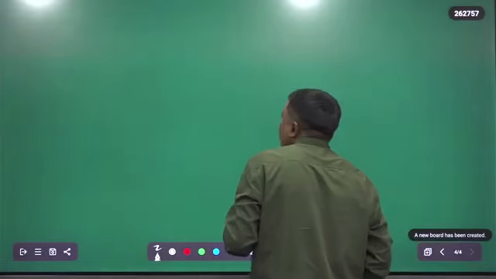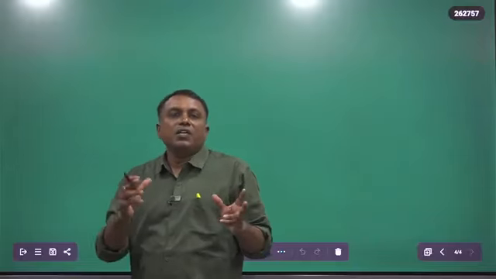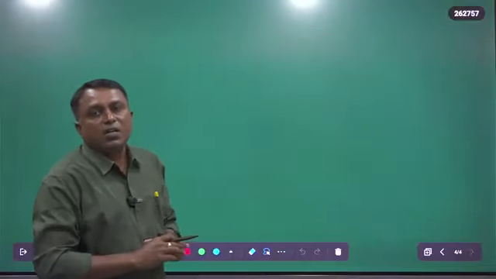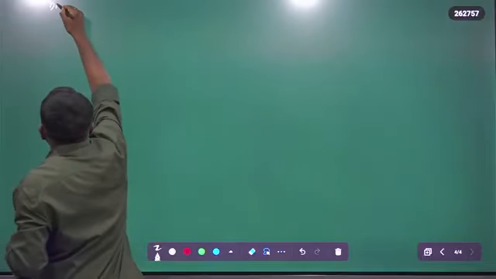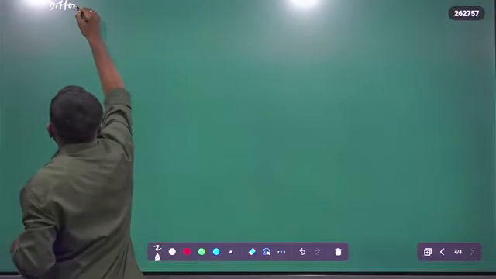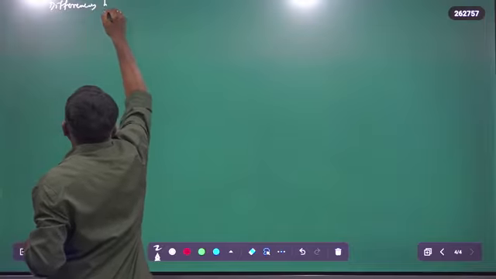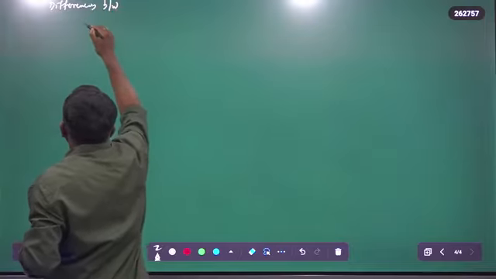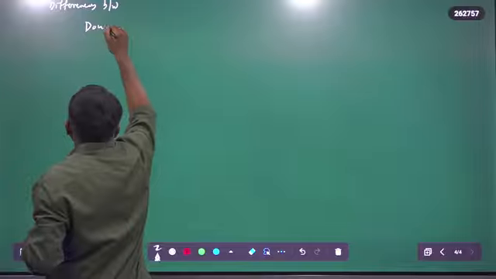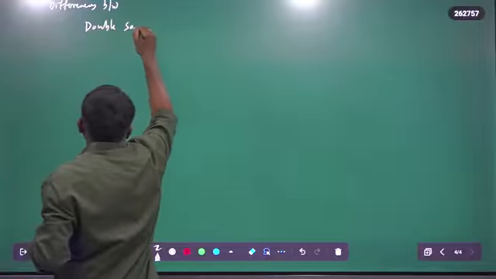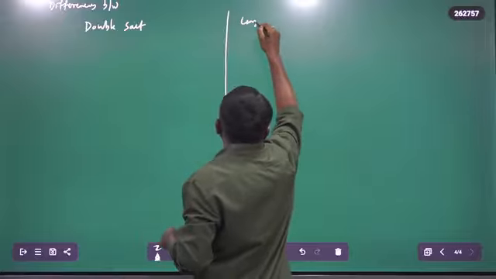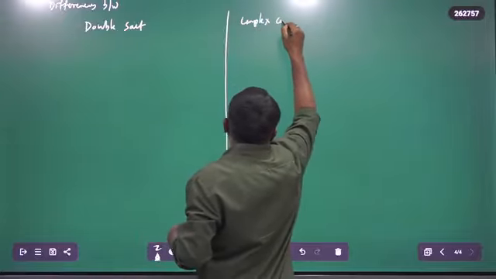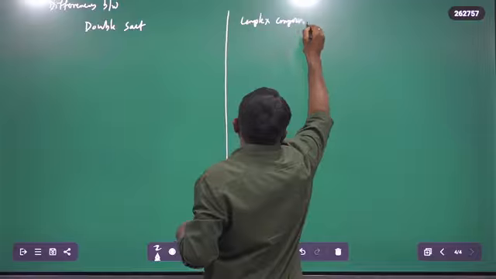Now we are going to discuss the differences between double salts and complex compounds. So what are double salts and what are complex compounds?